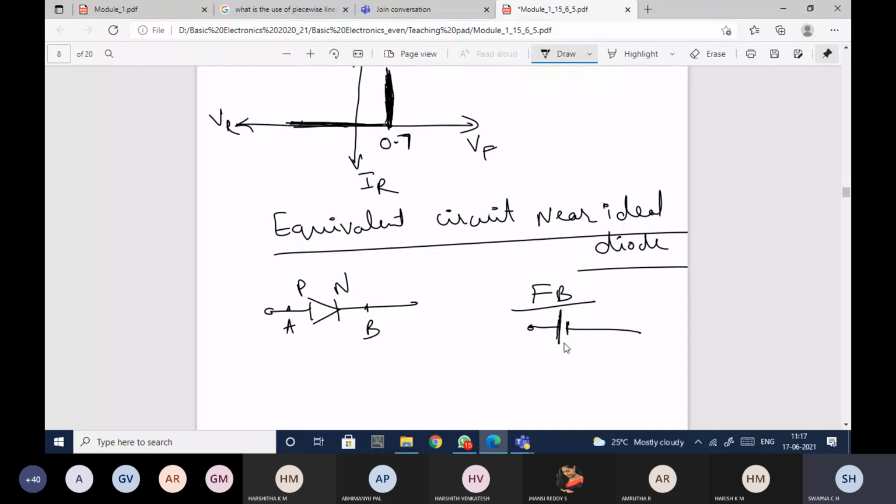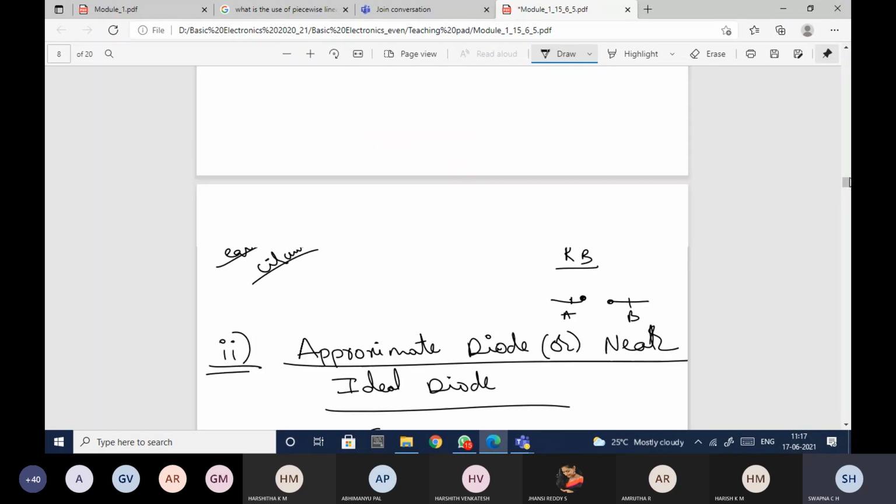So I can replace this with an equivalent circuit with Vf, which is nothing but the knee voltage. It will be 0.7 if it is a silicon diode, or 0.3 for a germanium diode. So this can be either 0.7 or 0.3.